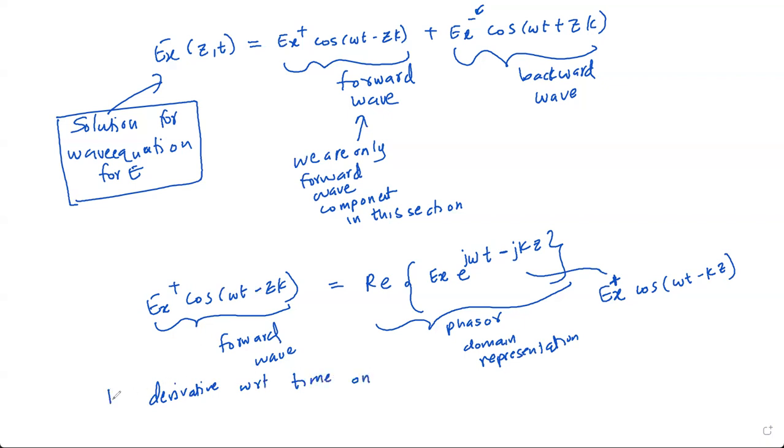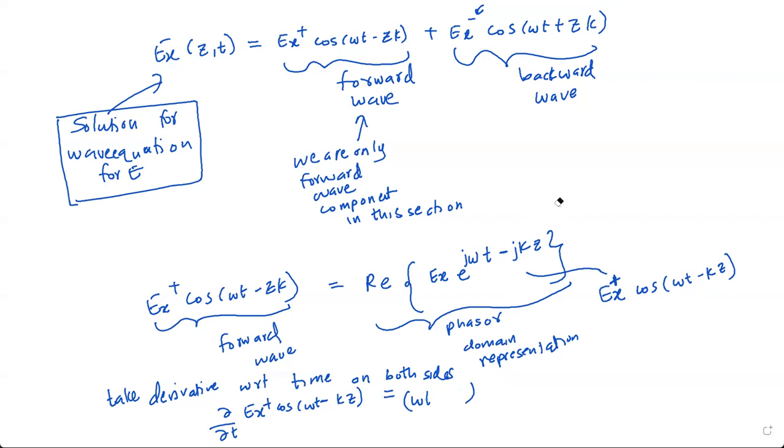Then I can write that cos(omega t minus kz), kz and zk are the same so I will write kz, is equal to the real part of the, now the derivative with respect to time means you are left with the entire same thing, but the only thing added is the component in front of the j.